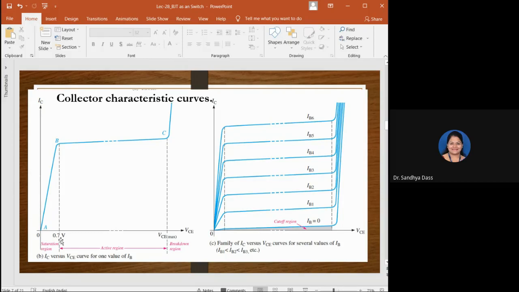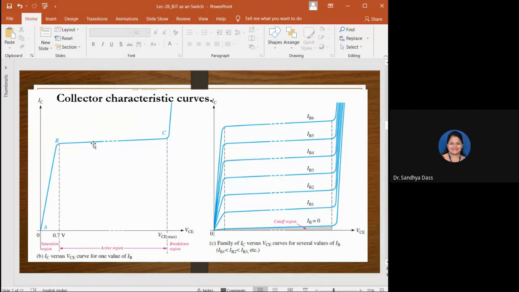Once VCE crosses 0.7 volts, the base collector junction will be reverse biased and there will be saturated collector current. That is the active region operation of the BJT, indicated here in the graph.